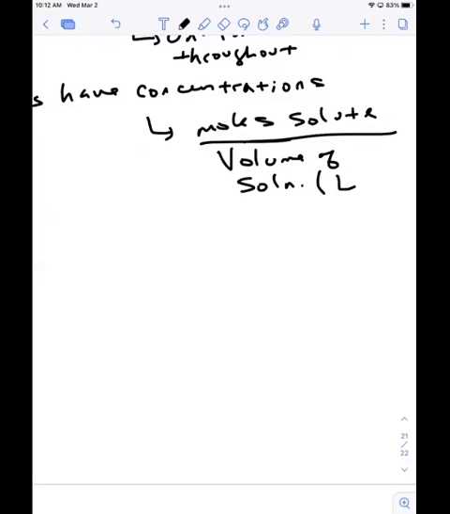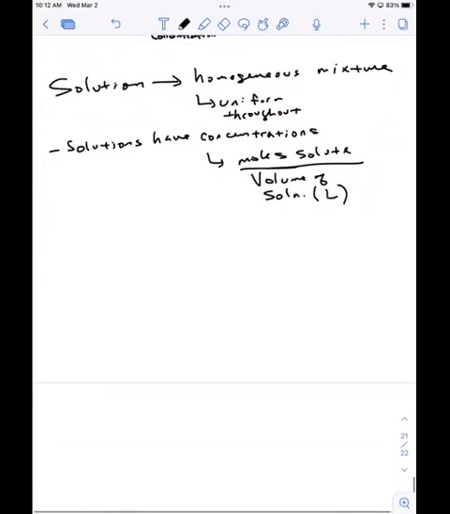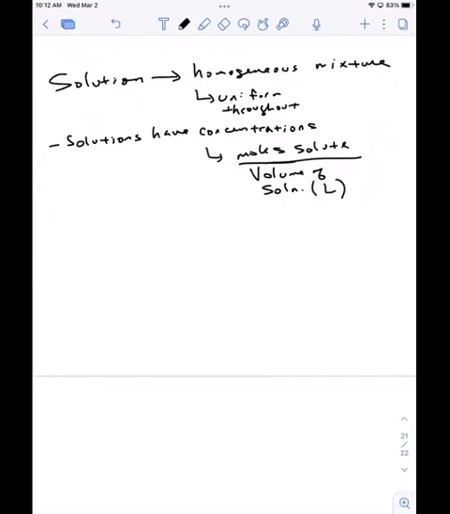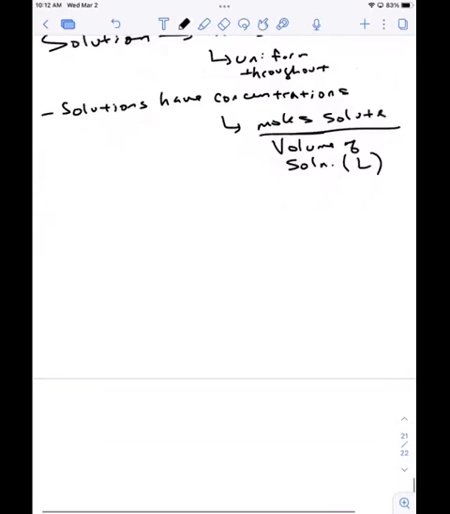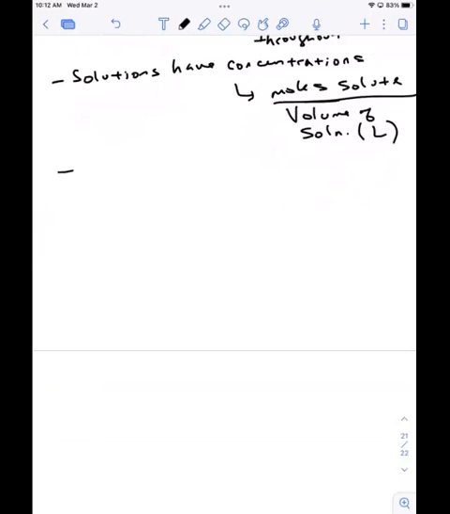And this is always going to be expressed in liters, right? So when you have a solution, you probably already know this, you remember this from high school more than likely. You have two things that make up a solution. You have a solute and a solvent, right?